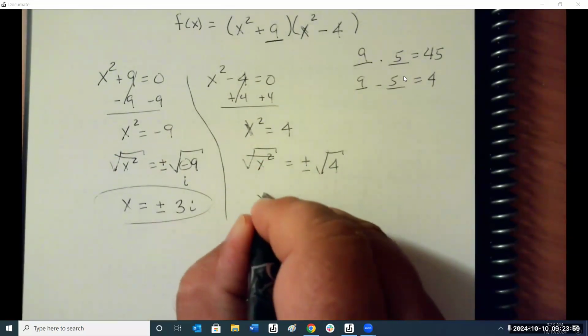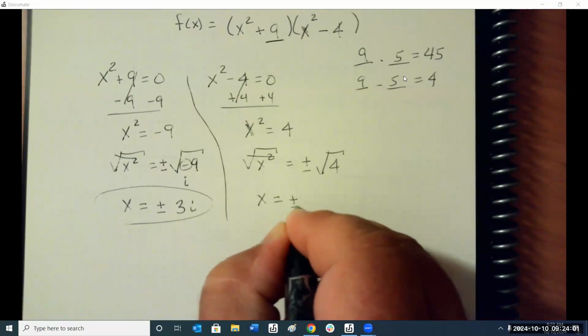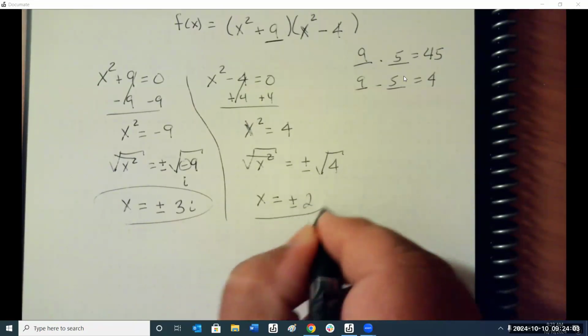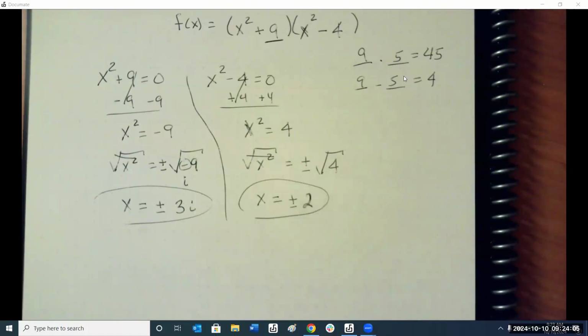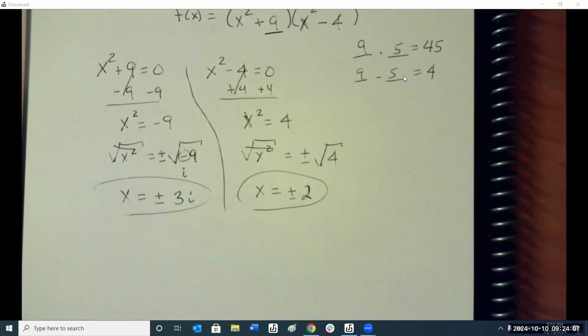Those cancel, so I have x equals plus or minus 2. And those are our solutions. So we can use any of the methods we've discussed in the past just to simplify and solve these.